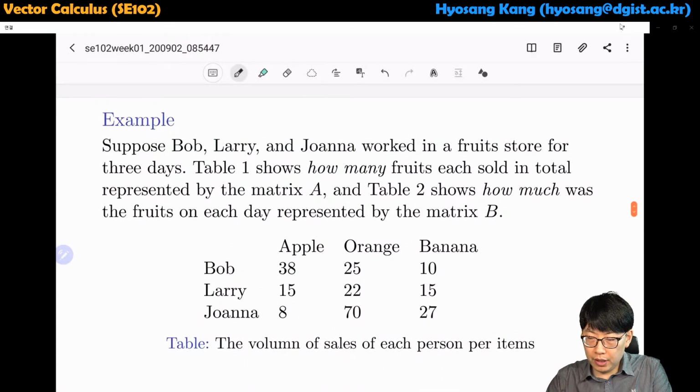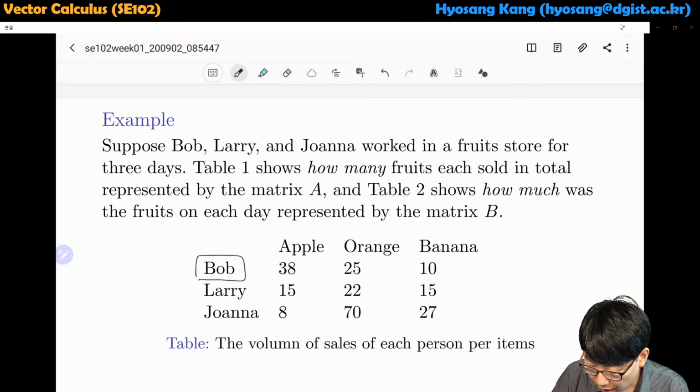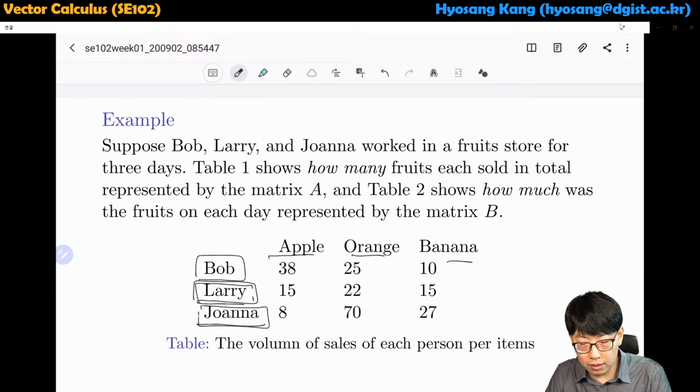Suppose Bob, Larry, and Joanna worked in a fruit store for 3 days. So this is a hypothetical situation. We have a table of names and fruits. So look at the table here. Bob, Larry, Joanna are the names of rows, and apple, orange, banana are the names of columns.